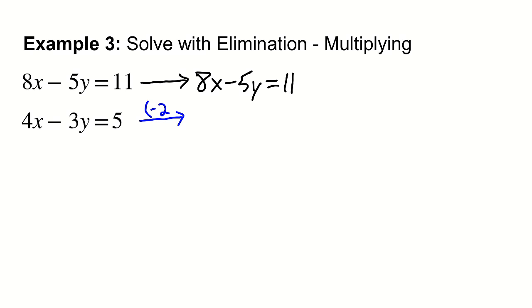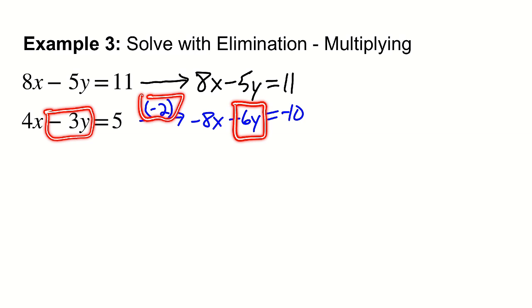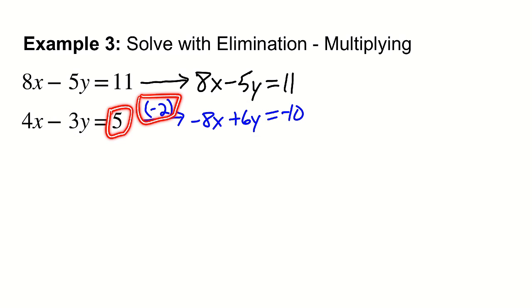So if I multiply by -2, I'll get a -8x plus 6y equals -10. I have to multiply each part. 4x times -2 is -8. -3y times -2 is +6y. 5 times -2 is -10.